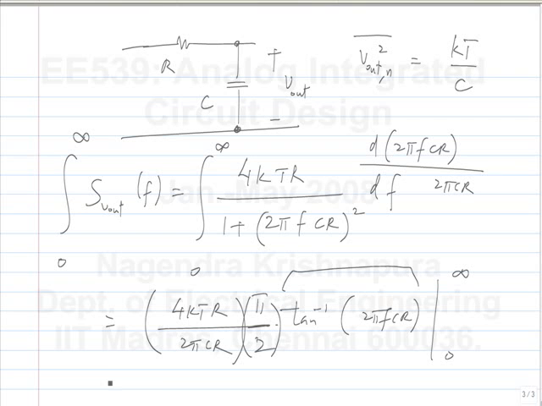So we get kT divided by C to be the integrated noise. So the integrated noise turns out to be independent of the value of the resistance. Does that make sense?